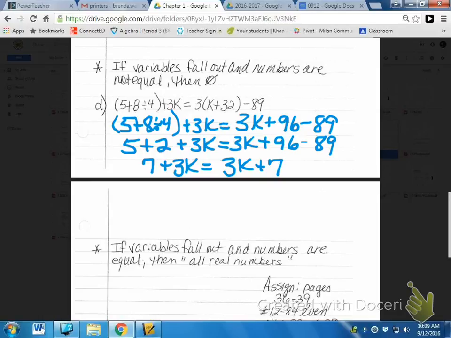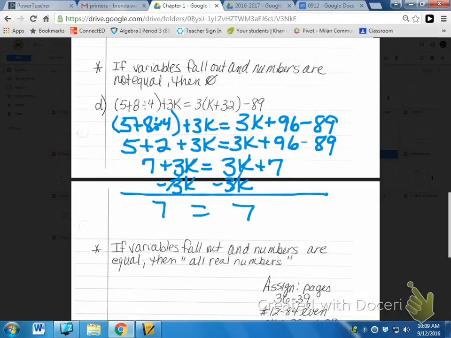Okay, now step 3, get variable on one side. So you look at your variables, they're 3k and 3k. Subtract 3k. I think you're going to see something very similar. What would I do from left to right now below that line, Mytree? 7 equals 7 because those fall out.